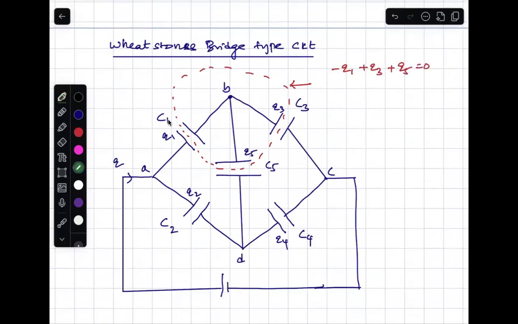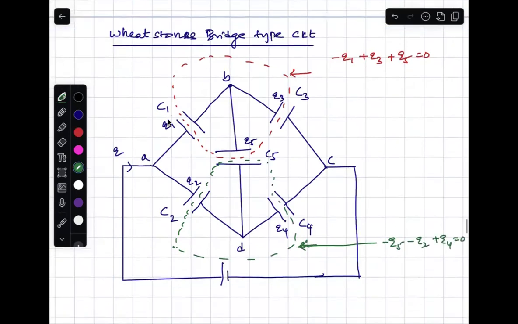Similarly, you should identify another such isolated portion. For this isolated portion, you can see minus Q5 minus Q2 plus Q4 is equal to 0.